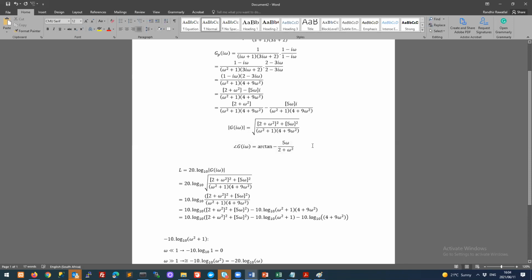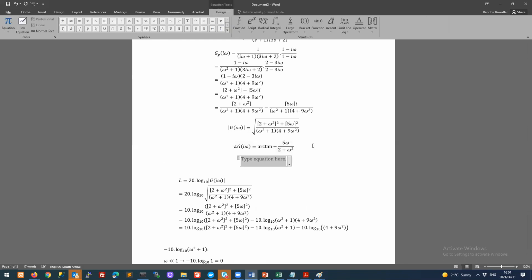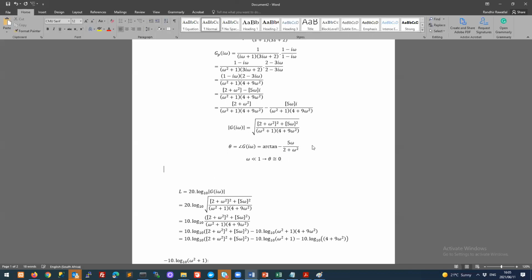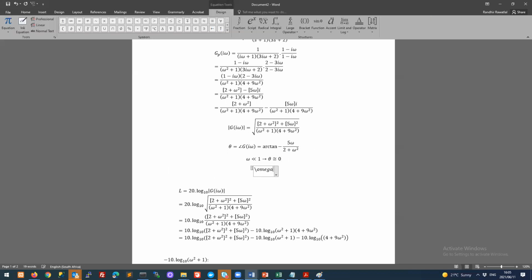So we can say omega much less than 1 implies that the angle, let's just write this as theta, so theta equals this thing, is approximately 0. And then for omega much more than 1, that implies that.